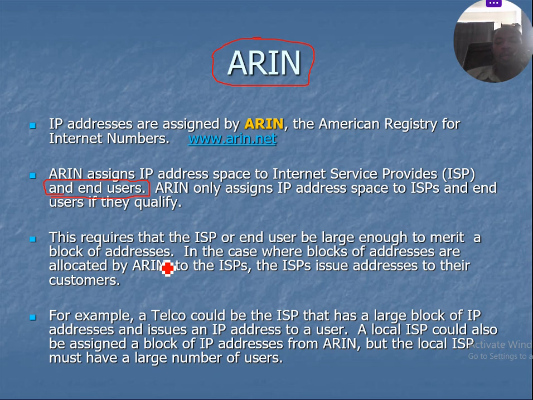In the case where blocks of addresses are allocated by ARIN to internet service providers, the internet service provider will then issue addresses to their customers. Like a telco in the US is an internet service provider. This telco now provides the IP address to every customer that needs to be connected to a network.